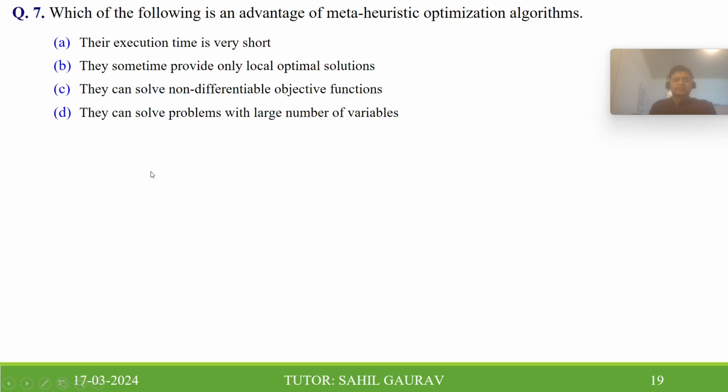Now let us see the next problem. Which of the following is an advantage of a metaheuristic optimization algorithm? And this is also a multiple select question.